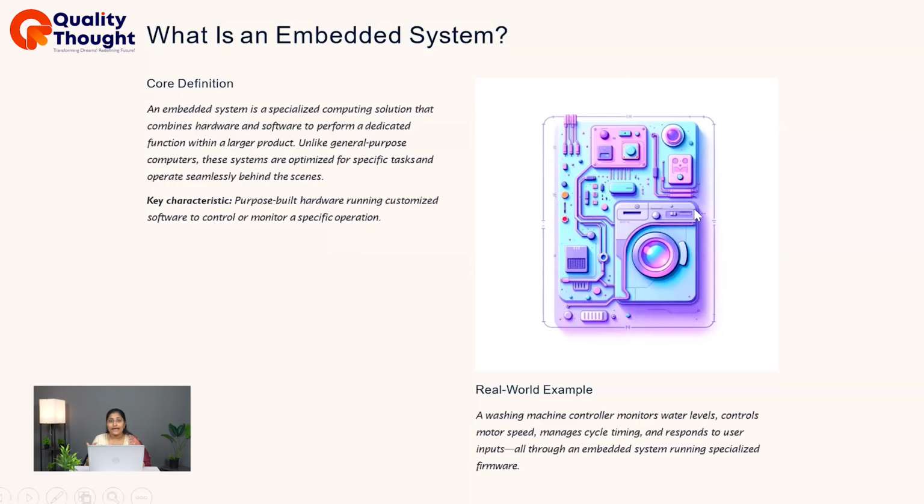How to wash, how long to wash, how much water level, how many cycles, and when to turn off the washing machine, it thinks and decides everything. It is very important that an embedded system is purpose-built on one hardware to control a specific task. This is all about the embedded system.